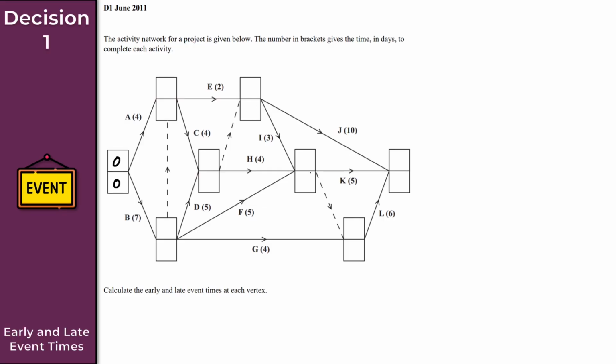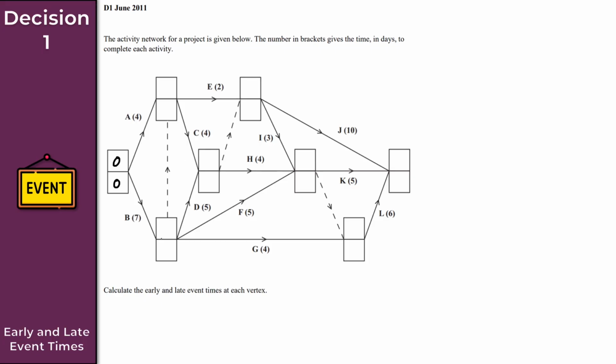Okay, so let's just start from the source node here and see if we can find the early event time for each vertex. Now, to get us started, you might think to start with this activity here for this node. But the issue is we have this dashed line, right? Don't forget a dashed line indicates a dummy activity. And obviously a dummy activity has no value, but we do still need to consider it when we look to find the early and late event times at each vertex.